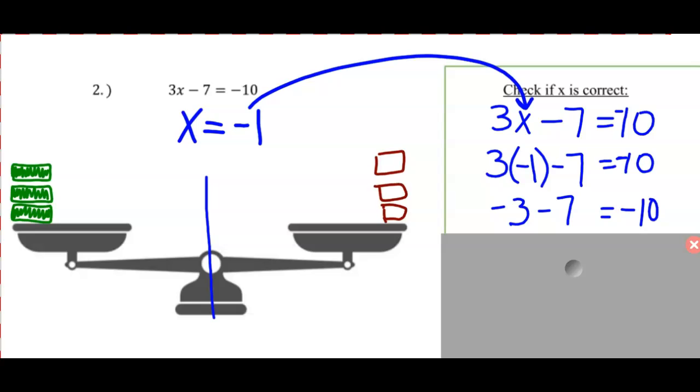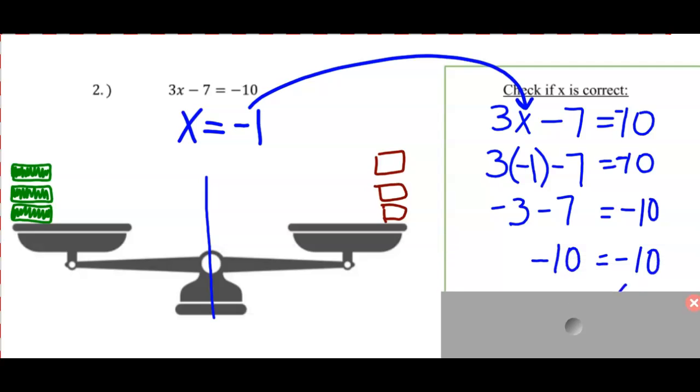We want to think of that as adding a negative, I said -10, -7. -3 plus -7, if we add those together, we indeed get -10 on the left side, and -10 is equal to -10, so my answer for my x is correct. X does indeed equal -1.